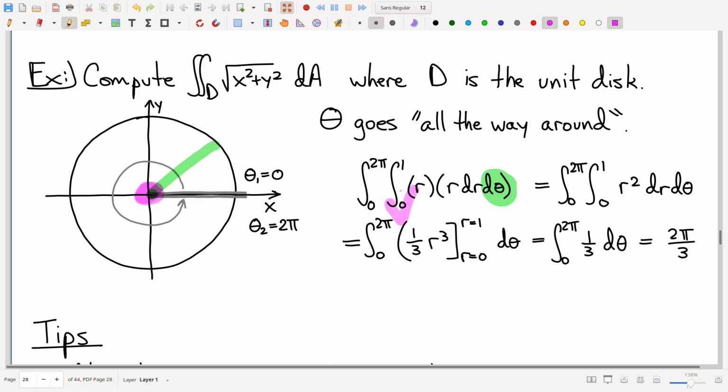My last value of r on this theta slice, well, it's on this curve, which is the unit circle, which means that curve is r equals 1. So my upper bound for r is 1. Boom. No pullback to draw. You can see it all right there on the XY picture.